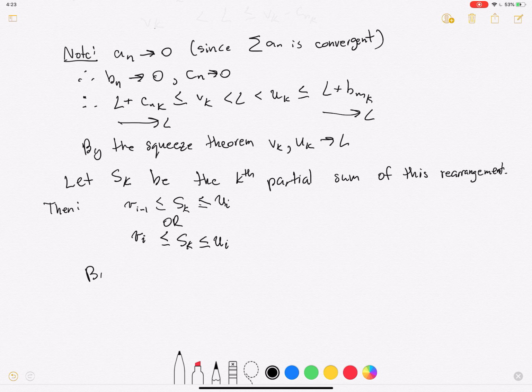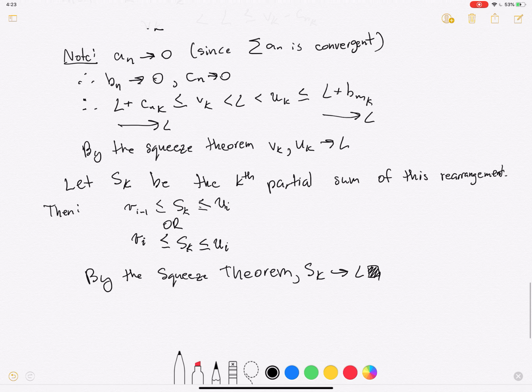Thus, by the squeeze theorem, since both sides of these go to L, S_k itself must go to L. I'm mixing up all of these letters. Okay, phew.